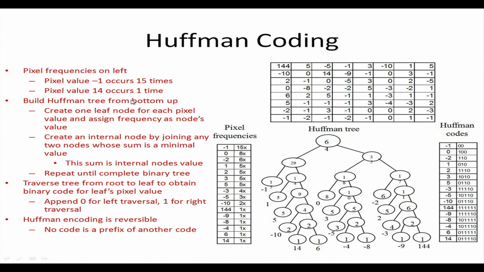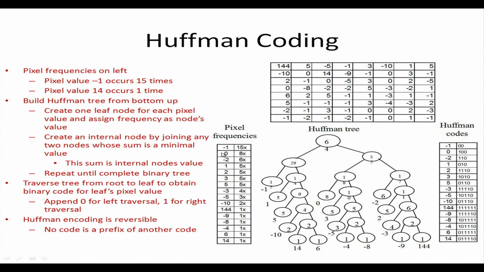Now we will build the Huffman tree in a bottom up fashion. This is the Huffman tree. It is sort of a heap. How do you do that? Create one leaf node for each pixel value, for each of them, 1, 2, 3, up to 16.